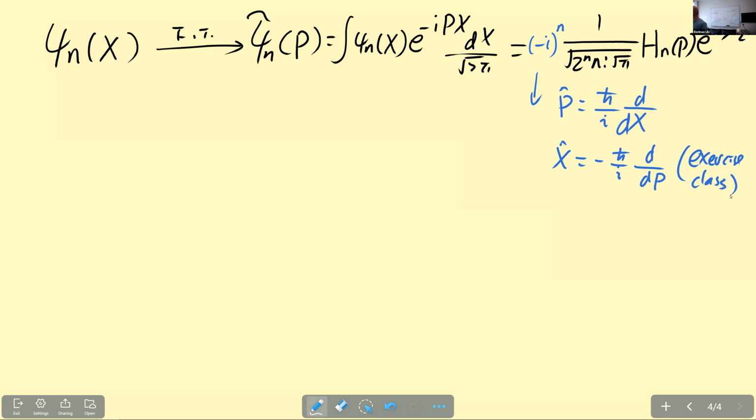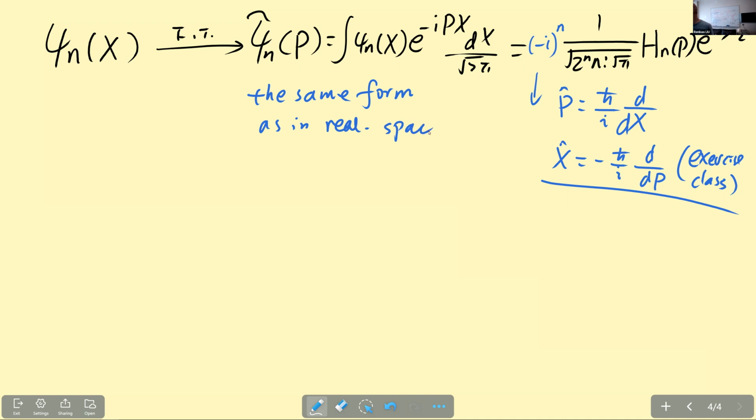Okay, remember this. So this tells us that they're not exactly the same, because there's a phase factor difference. But otherwise, essentially, it has the same form as in real space. Okay, I will not prove it right here. For the proof, read the lecture notes. Okay.